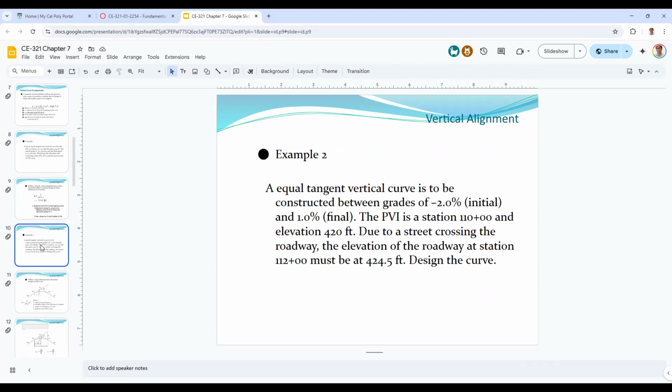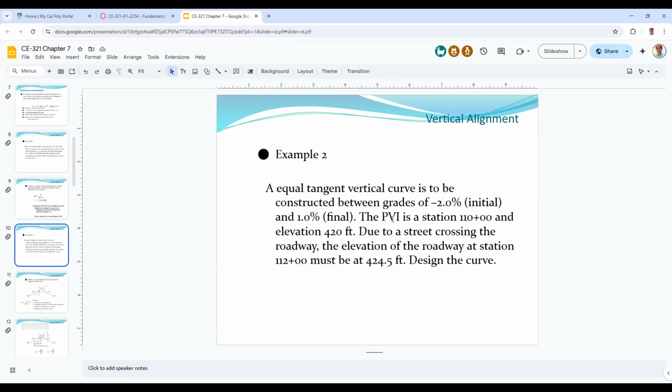The second example is there is an equal tangent vertical curve to be constructed between grades of -2 and 1%. Again, a sag vertical curve, but that's okay. It doesn't matter. The PVI is at station 110 plus 00 and elevation 420 feet. Now be careful. They give you the PVI's elevation and PVI's station, so just be mindful of that.